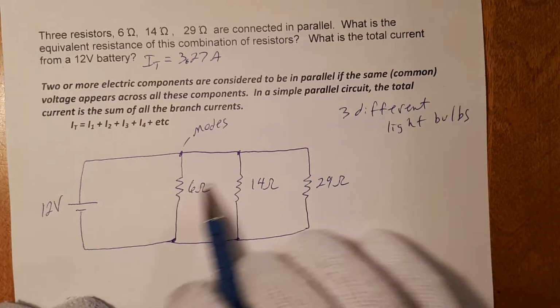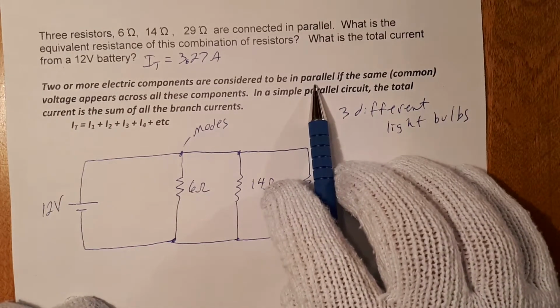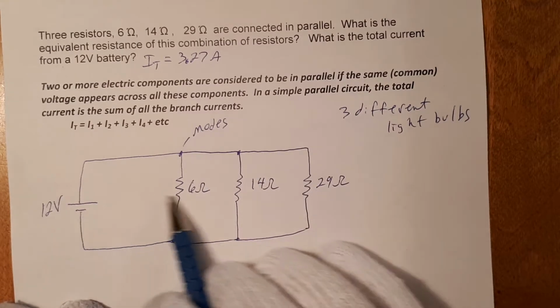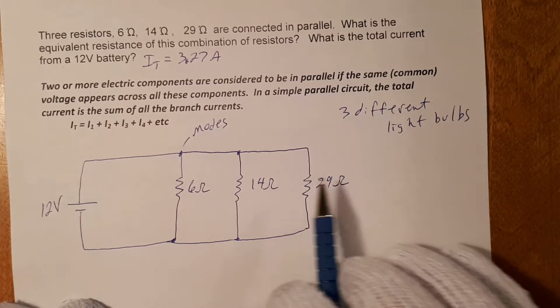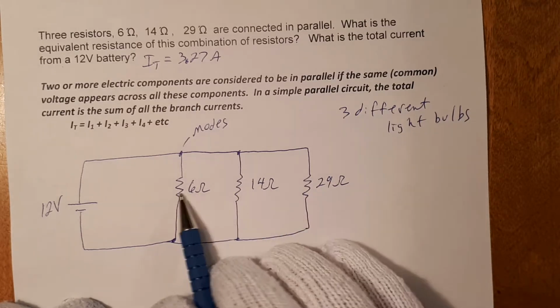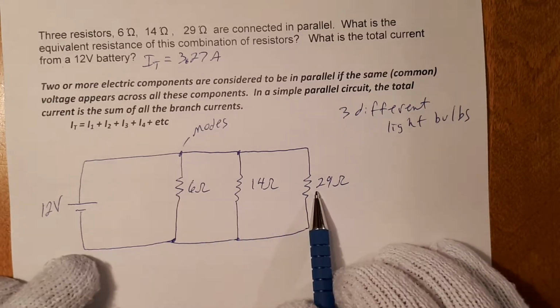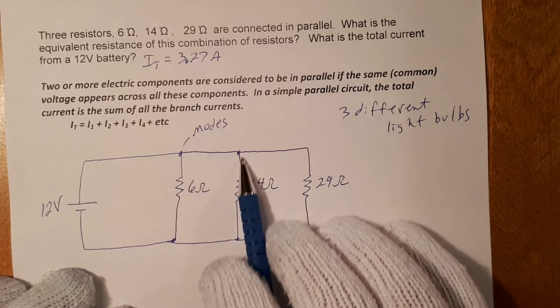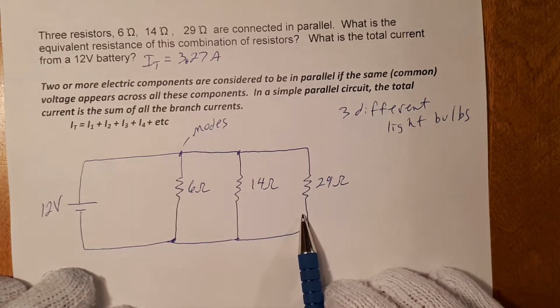In a parallel circuit, the voltage is the same across all of the components, across all the branches, I should say. So with a 12 volt source here, there are 12 volts coming down this branch, 12 volts down this branch, and 12 volts in this branch.